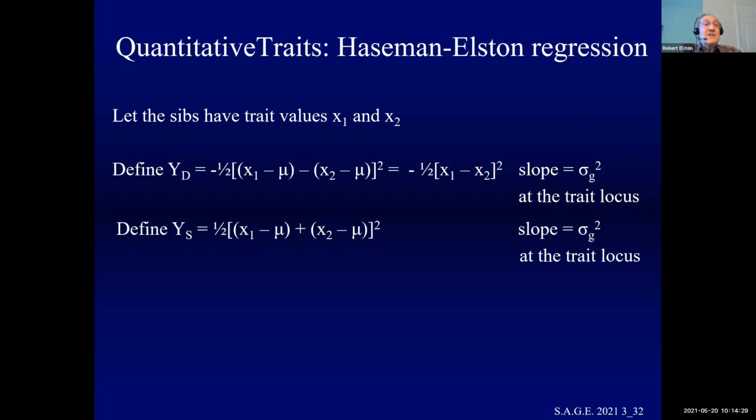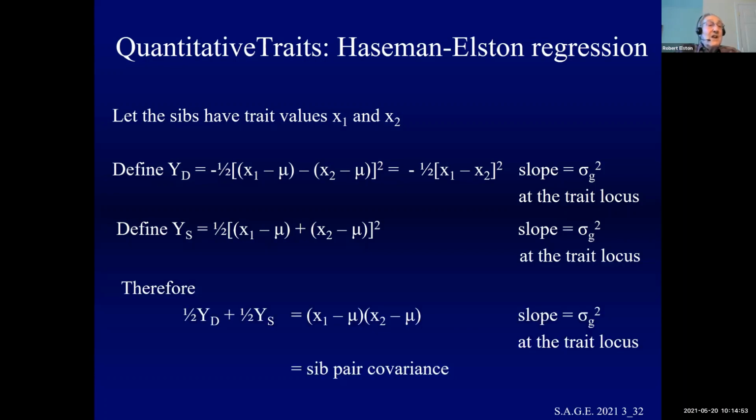But notice now the means, the mu's, don't cancel out. So you have to know, or do something about, the mean for X1 and the mean for X2. In the original Haseman and Elston, which was the YD, you didn't have to because it canceled out. But now if you're going to look at this statistic, you have to worry about it.